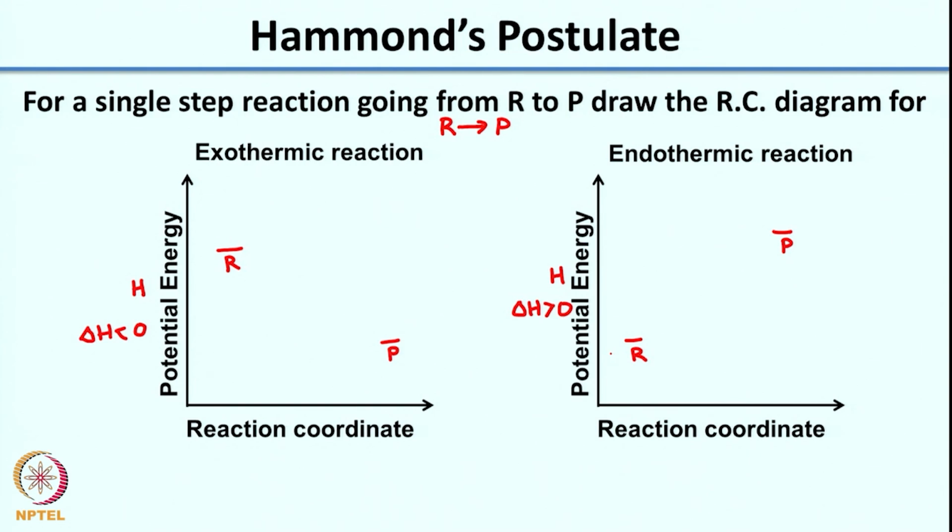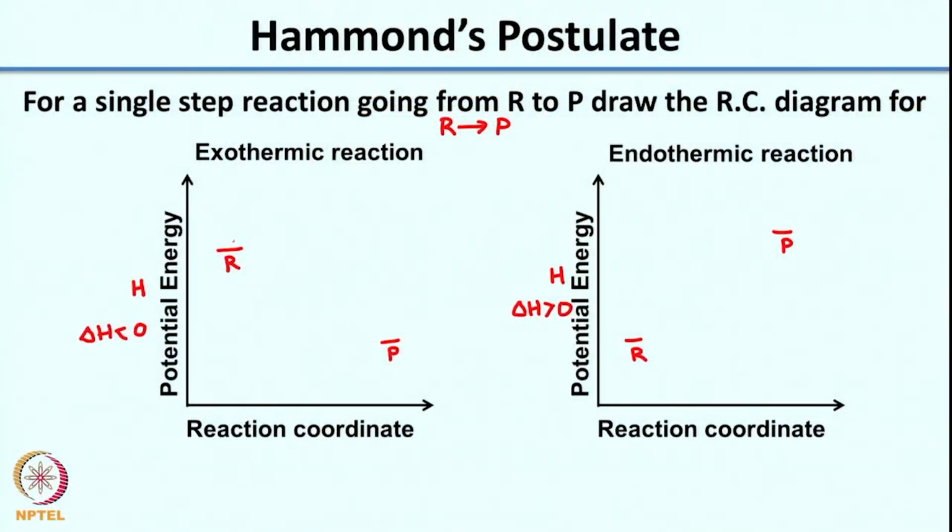When you have something which is so high energy, the logic is that there would be a very small barrier that you would need to cross to reach the product. Similarly, if your product is such a high energy product, it indicates that once you reach the transition state, there is very small reorganization required to reach the product.